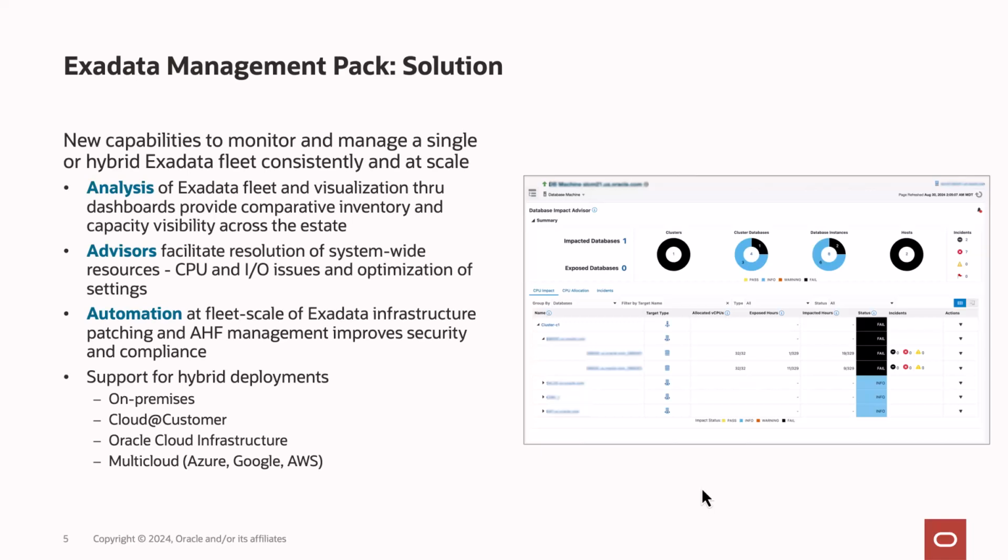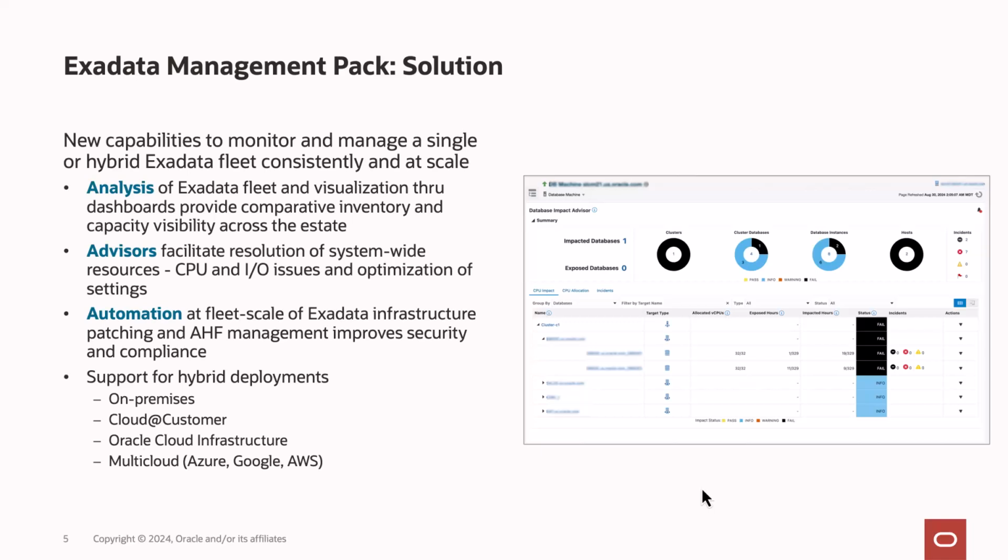These features provide new capabilities to monitor and manage a single or a hybrid fleet of Exadata. We provide tools for analyzing your Exadata fleet with a rich set of dashboards that provide configuration, inventory, and capacity for the complete fleet.